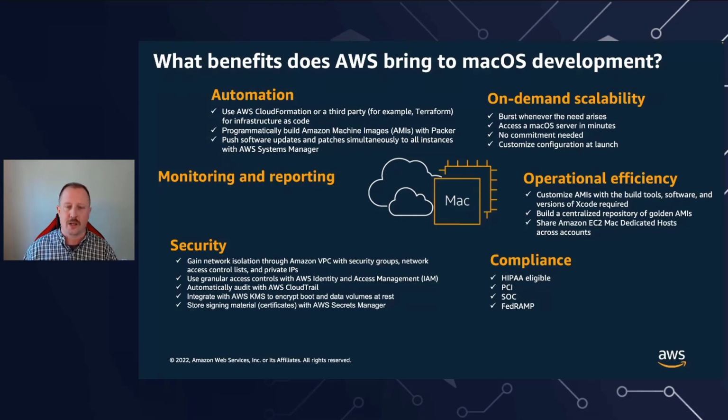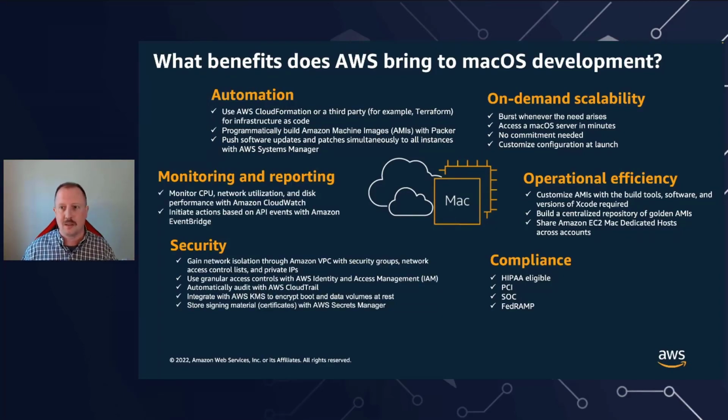Full auditing with CloudTrail: who spun up what, when. The EBS volumes can be encrypted through our key management service, KMS. So you get a significantly higher security posture, again, that you get with any other EC2 instance, this time with macOS.